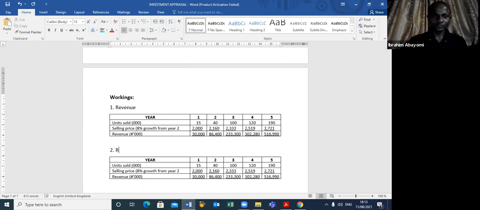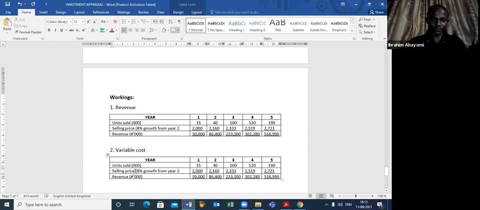Variable cost increasing by 5% also from year 2. So 800.